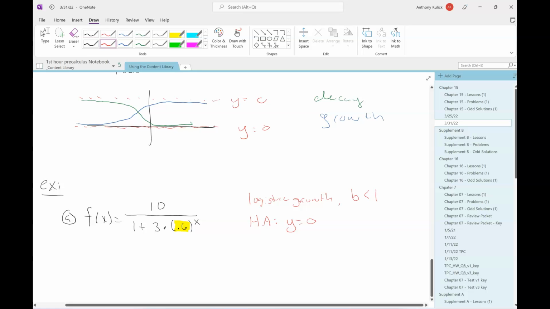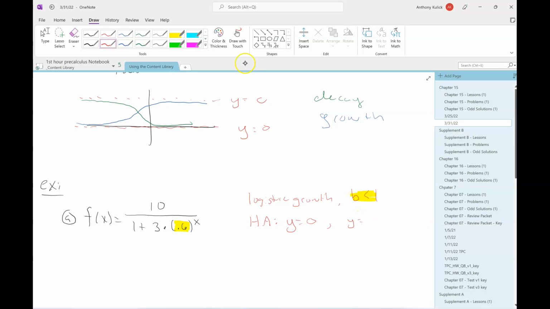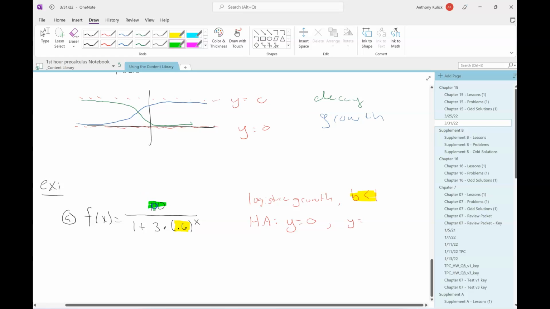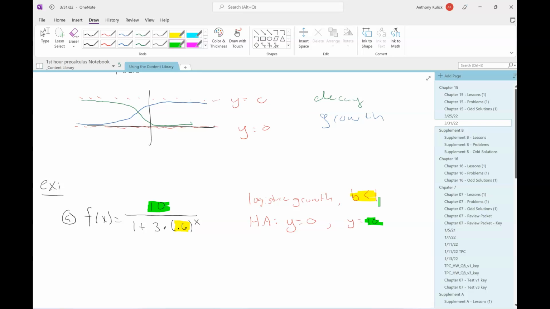The other one is y equals c, and the c in this problem is 10. Is that always the case? The c will be the numerator? Correct. What if you have multiple things in the numerator? Nope, it'll just be a number. Just one number.